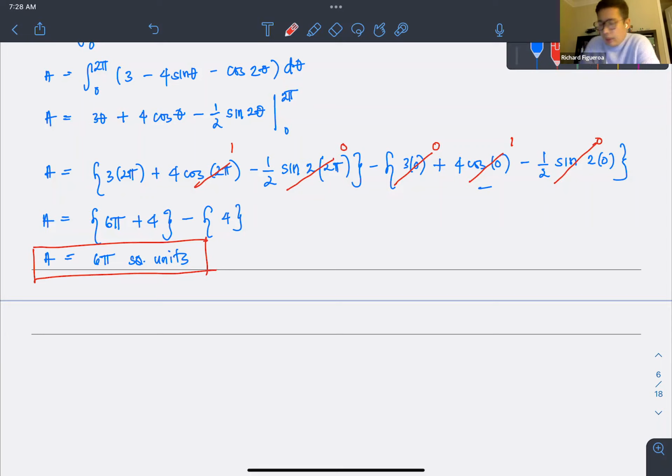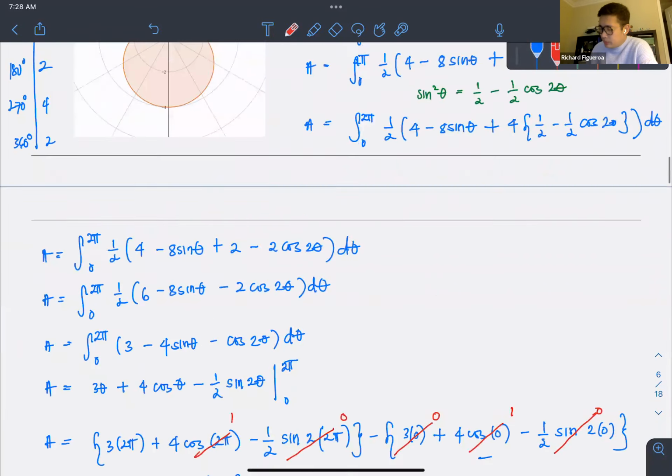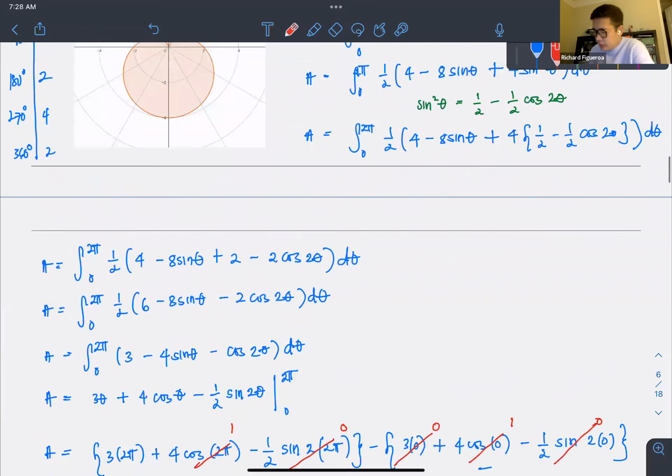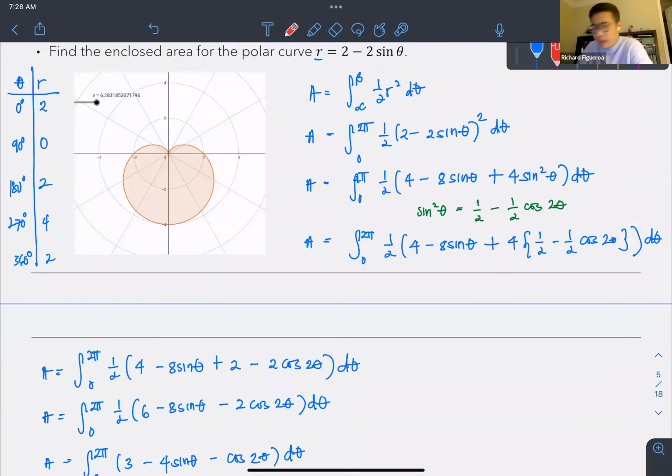Okay, an alternative way of doing this, if you don't want to use 0 to 2 pi, is to look for the symmetry. What do I mean by symmetry? This is the symmetry, right? We have the right-hand side and the left-hand side, so it is symmetrical on the vertical axis.